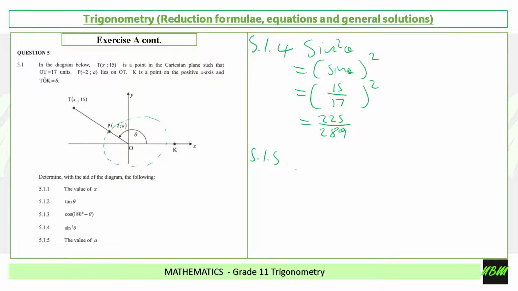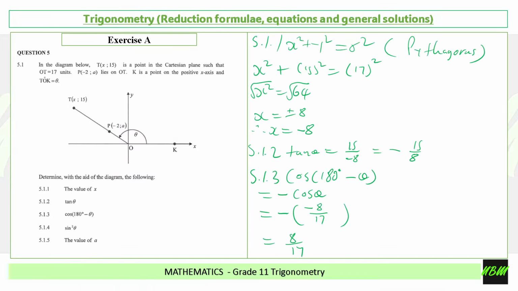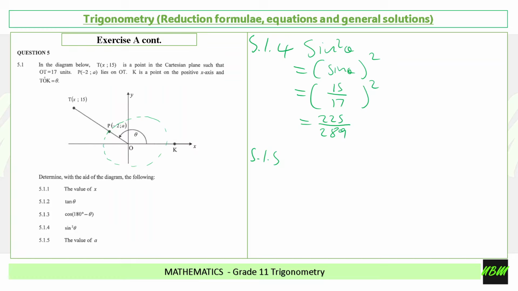Therefore, how can we now find the value of a? Point P is x and y. Our ratio is tan. Luckily, we have already calculated tan theta in 5.1.2. We know that tan theta is negative 15 over 8. Now looking at OP, tan theta is equal to y over x.